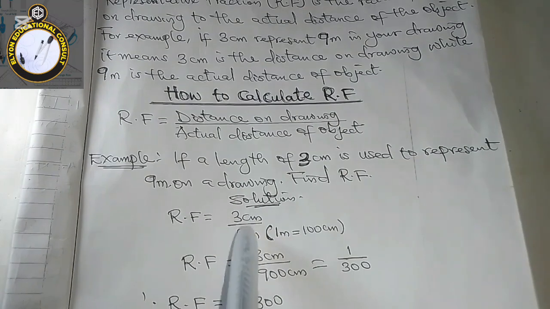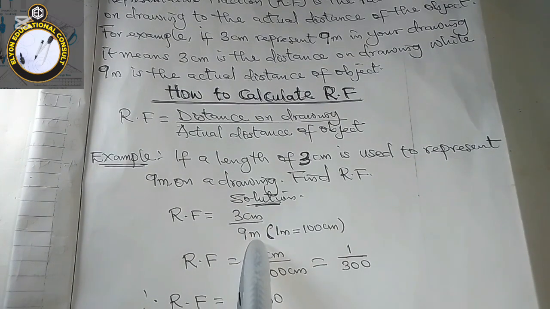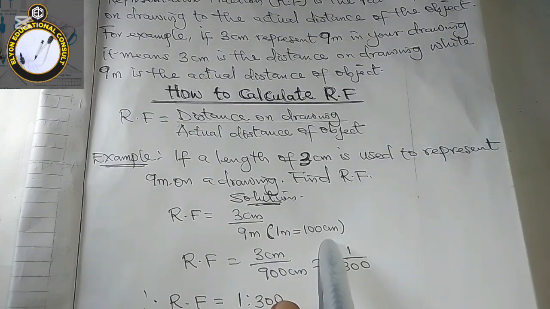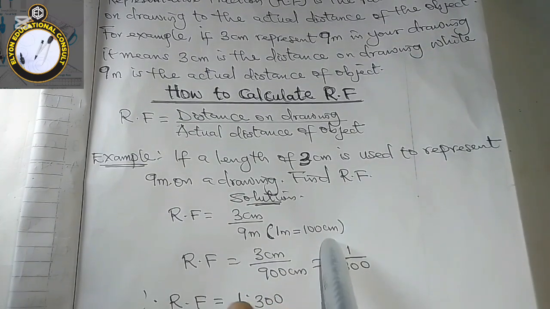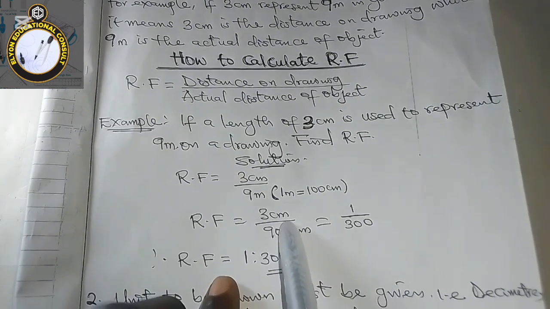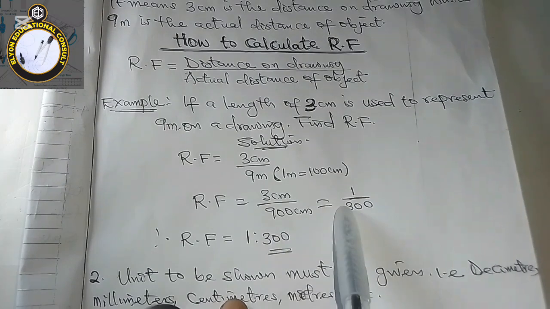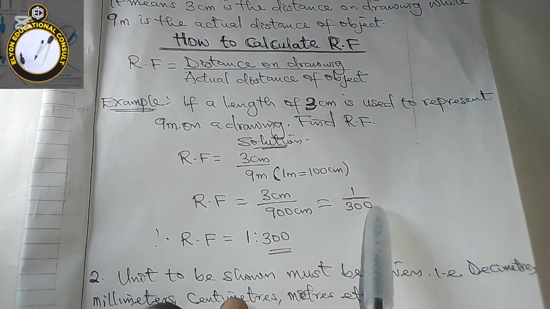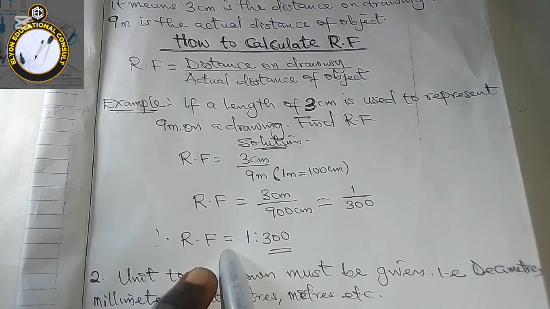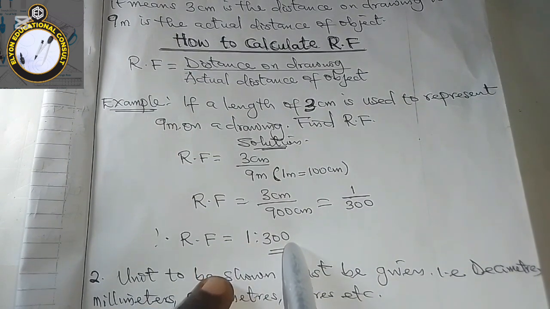So we use 3 cm to represent this 9 meter, and by unit conversion, 1 meter is equal to 100 centimeters. The units must be the same. So we have 3 centimeter over 900 centimeters. The ratio here is 1 to 300. So the representative fraction here is 1:300.